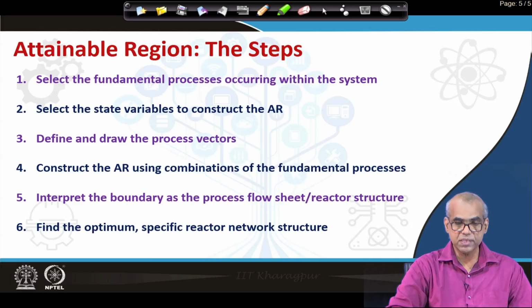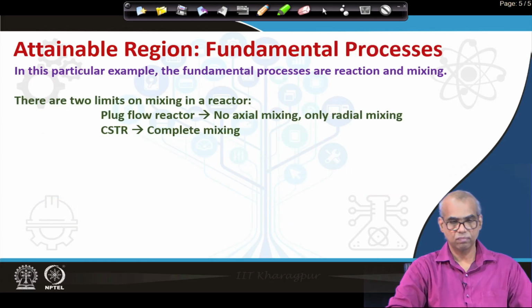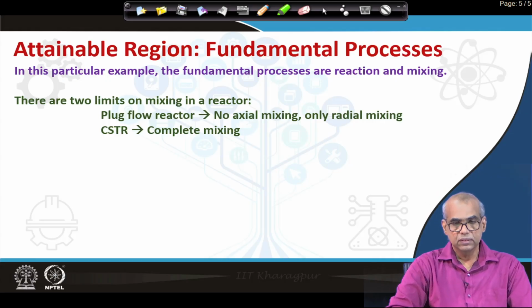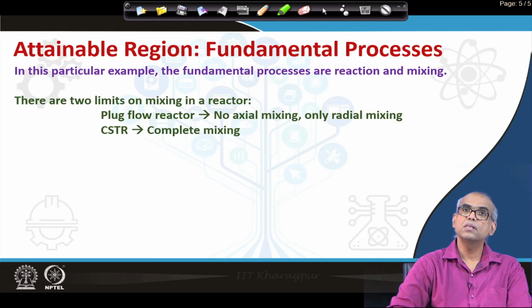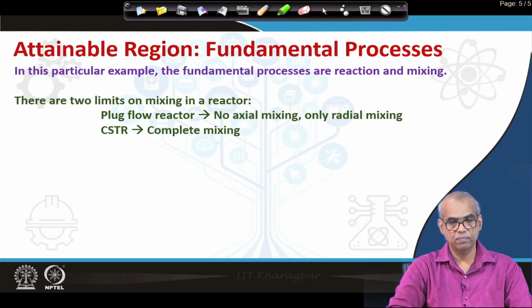So, now let us go step by step and try to construct the attainable region for the Van der Waals reaction scheme, and then we find out the optimum. Our objective is to maximize the production of B. So, what are the fundamental processes for the system that we are considering?